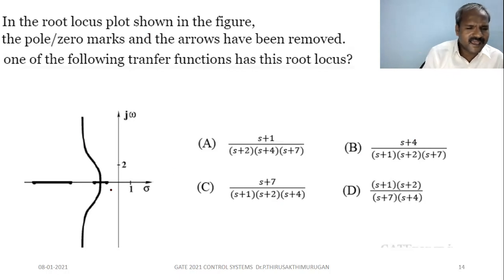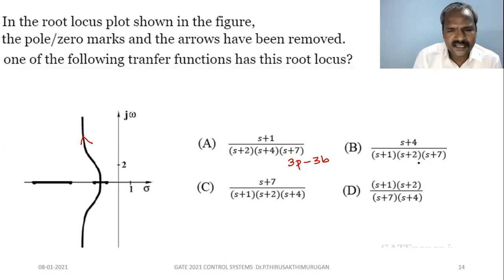If you consider this as one branch, this has 3 poles, so 3 branches.